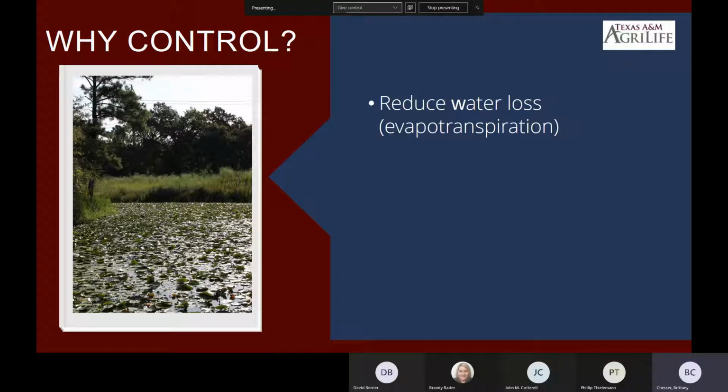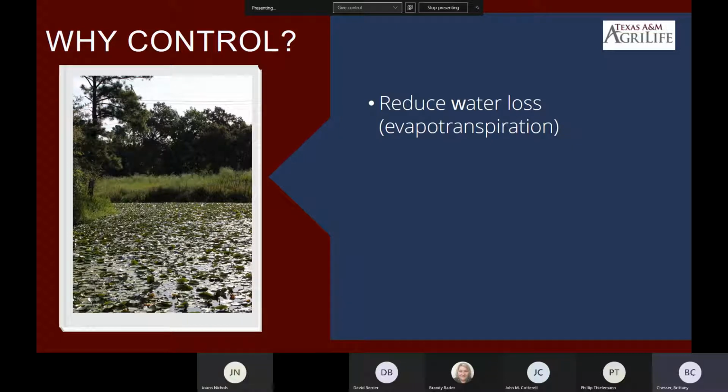And so in terms of why controlling, one of the number one reasons that a lot of people who have certain types of species in their pond do it is to reduce water loss. Some people might not know this, but a lot of our aquatic vegetation increases water loss through transpiration of the plant.